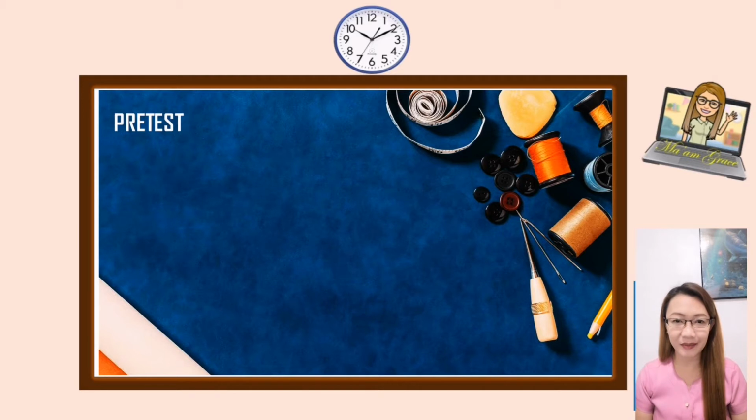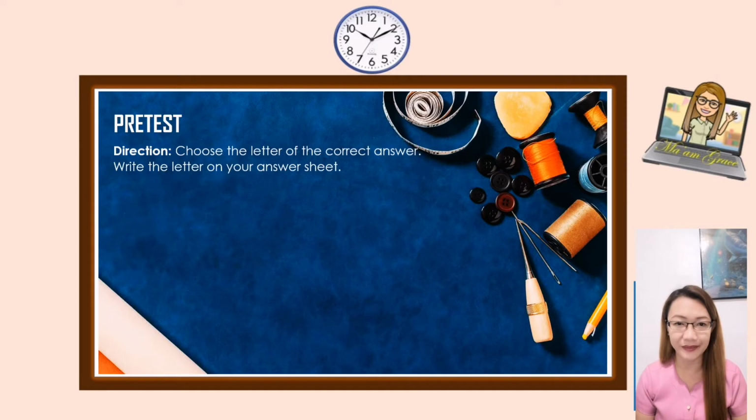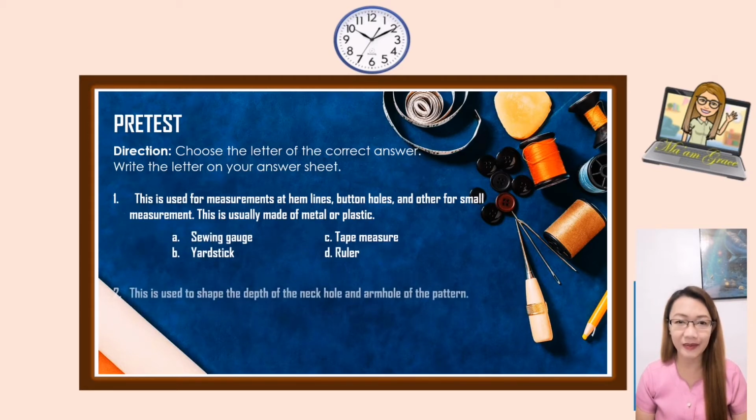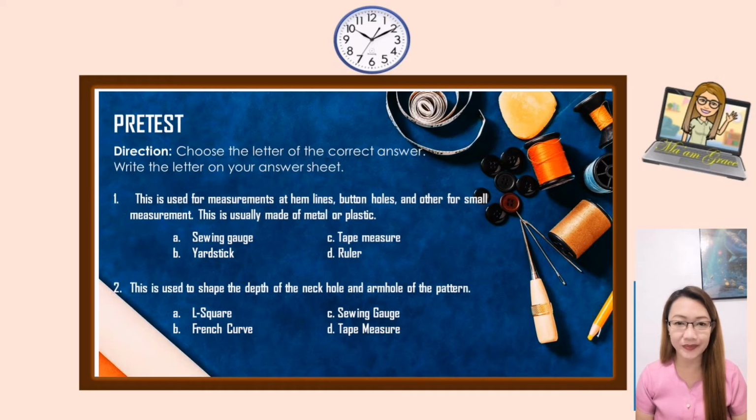Please read the statement carefully and write your answer on your answer sheet, on a piece of paper or in your notebook. Let's start with number 1. Choose the best answer, or just the letter of the correct answer, and write it in your notebook.